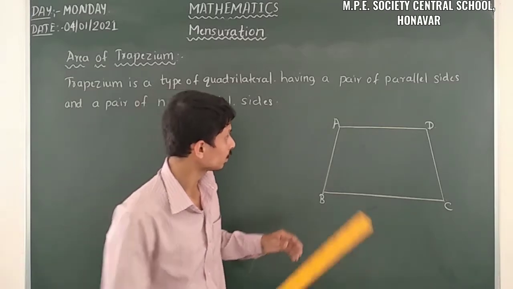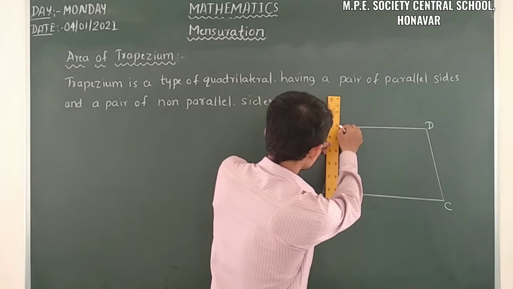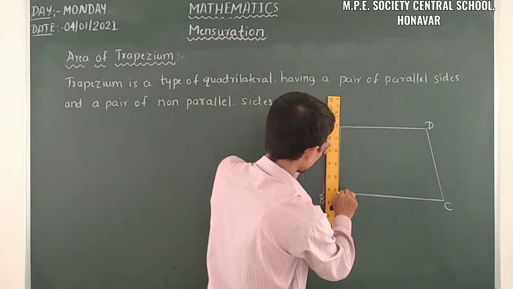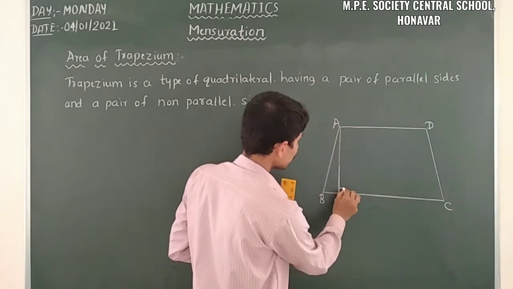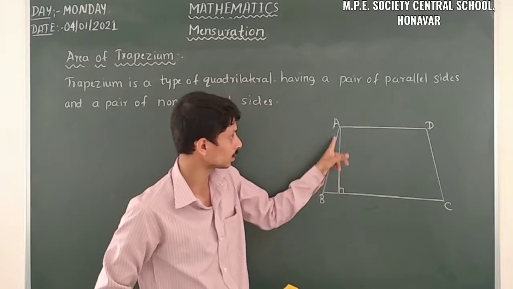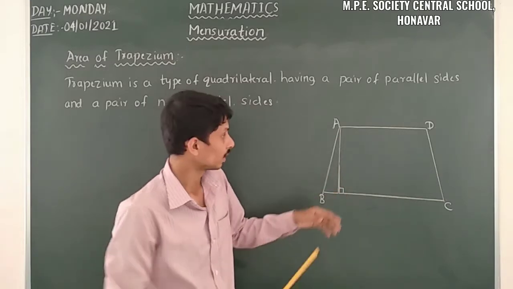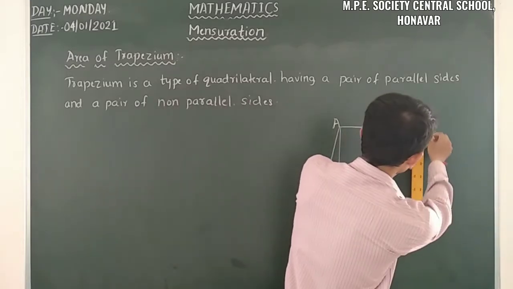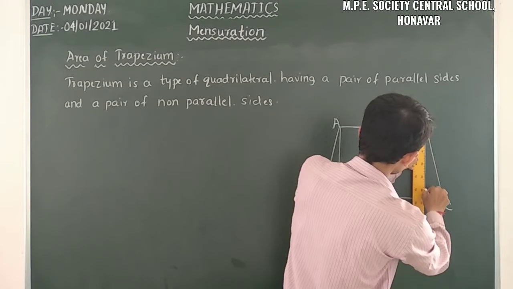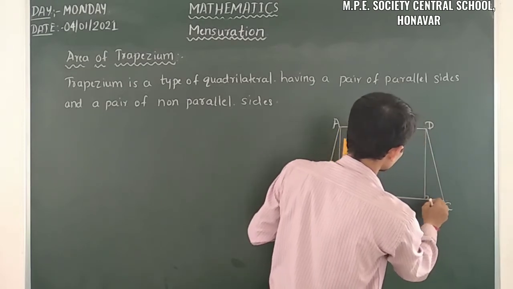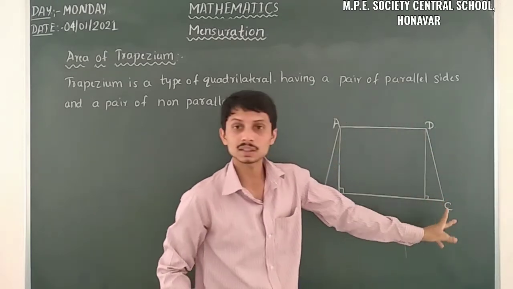Observe, when I draw a perpendicular line here, it forms a triangle.